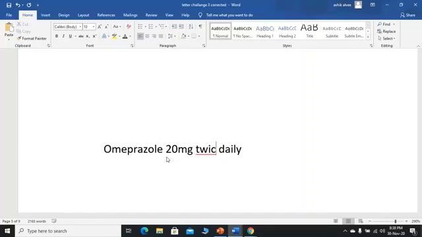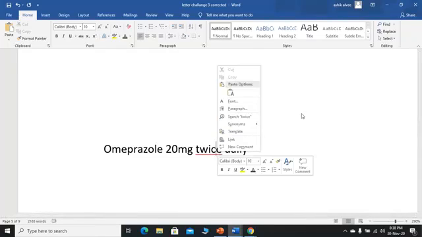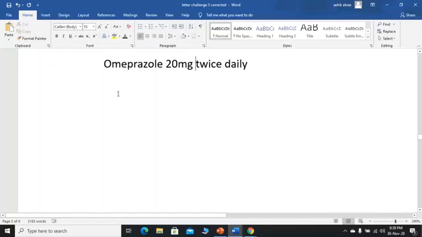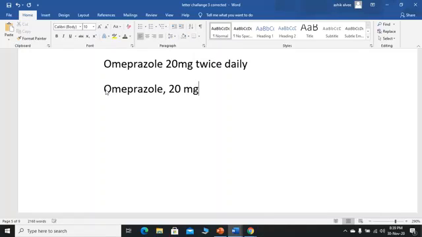How do you write this in the letter with proper punctuation? You write like this: omeprazole, comma, 20 milligram, twice daily, comma. Okay, I think you get that.